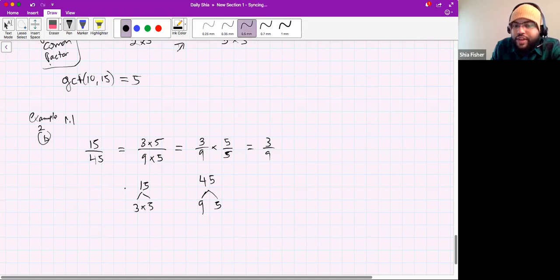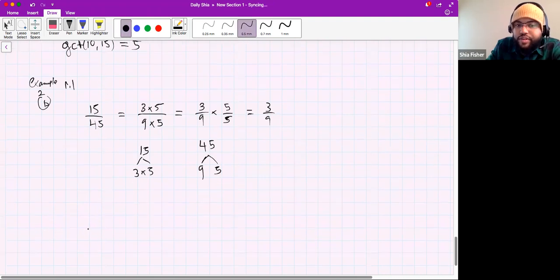The problem is that I still have a 3 over 9, and 3 and 9 might also have a common factor. And it turns out that they do. So let's just find the common factors of 3 and 9. Well, 3 is a prime number, so we just have 1 and 3. What about 9? Well, we have 1 and 9. That doesn't get us very far. But we also have a 3 and a 3.